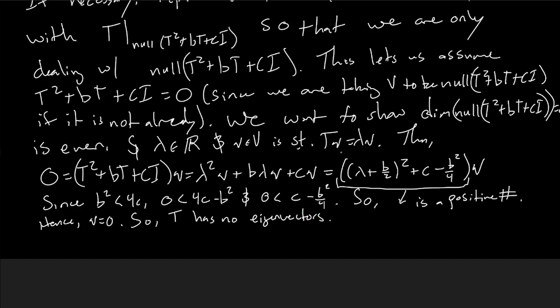So we started out by saying suppose lambda is an eigenvalue of T. Well, then what we got back was that v is 0. So it has no eigenvectors, hence no eigenvalues. Ooh, weird. Interesting. Okay, now what can we do with this? Okay, so we got no eigenvectors. Now the next piece is kind of silly. At least it's sort of technical.